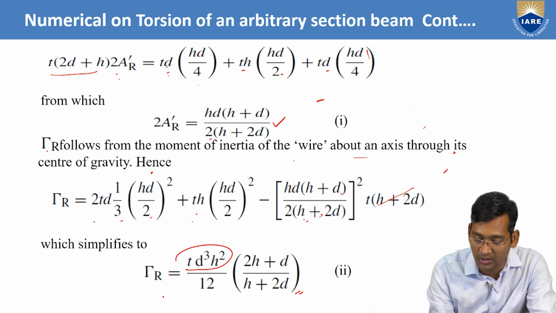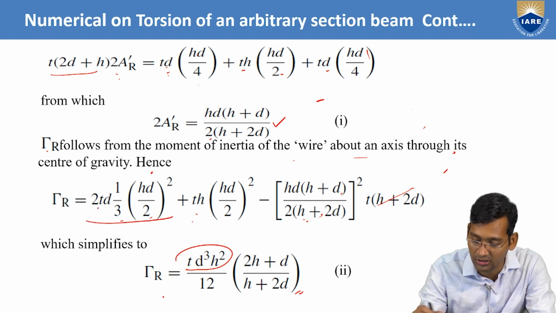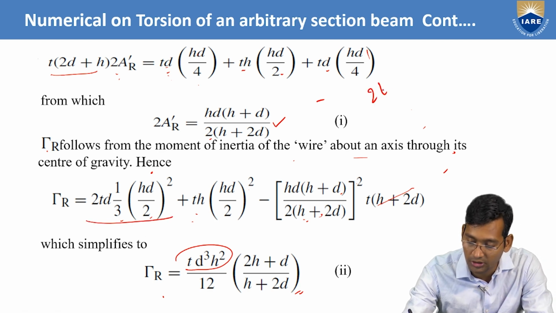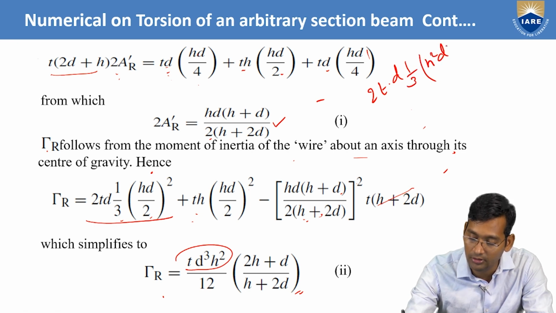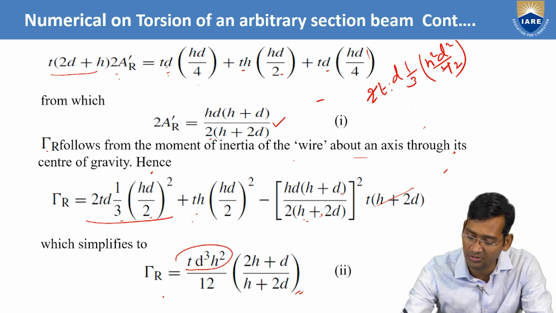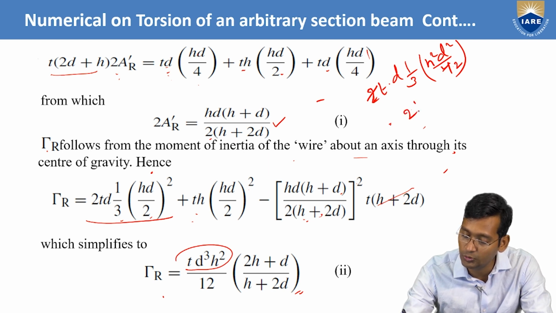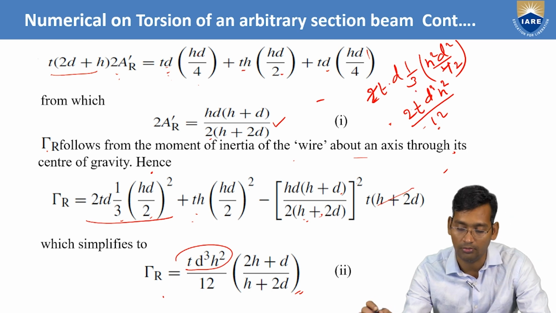So I'm just expanding term by term. This will give you 2T D 1/3 into, after squaring, H square D square by 4. So 2 and 4, 2T D cubed H square by 12, 4 into 3 is 12.